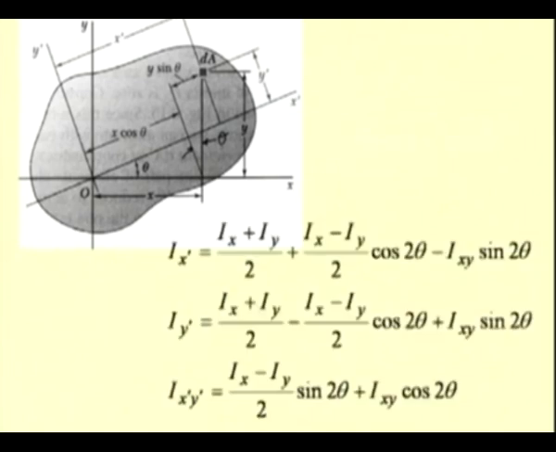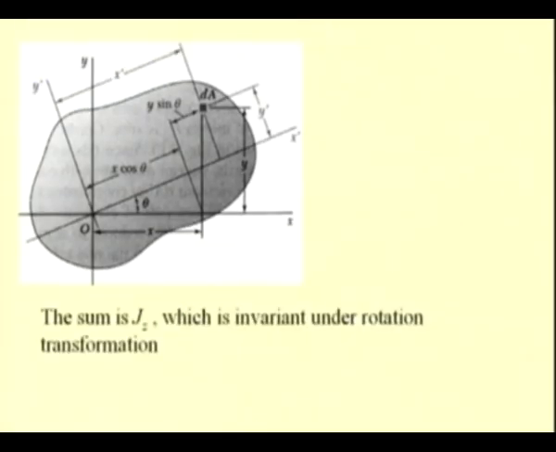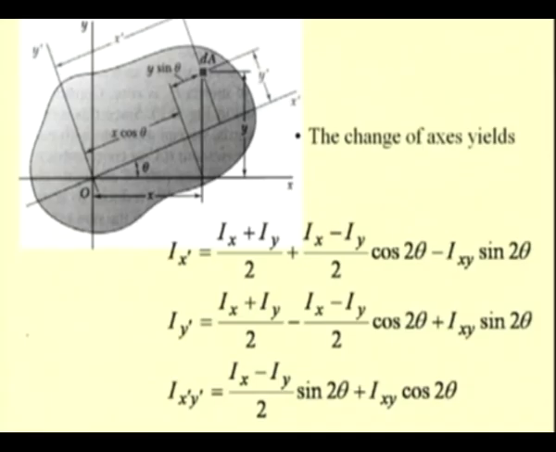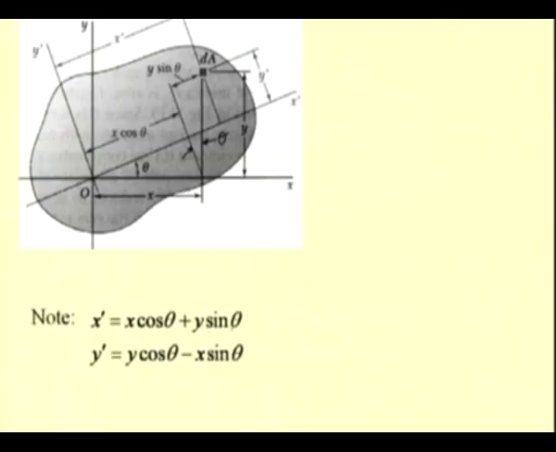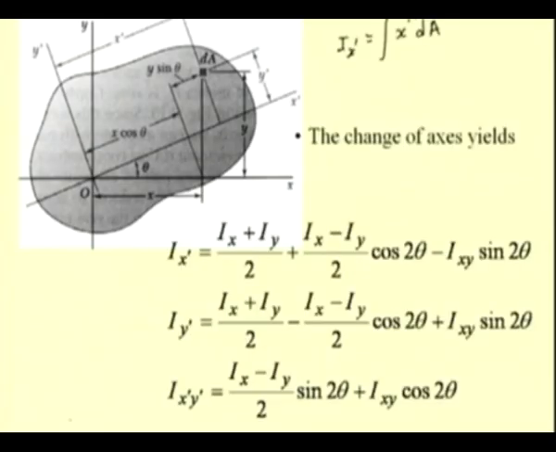So, if we substitute in the equations, that is for the equation of this I x prime, we have it as the integral of x prime square dA, and we substitute this value of x prime as x cos theta plus y sin theta, and if we simplify that we get this expression.